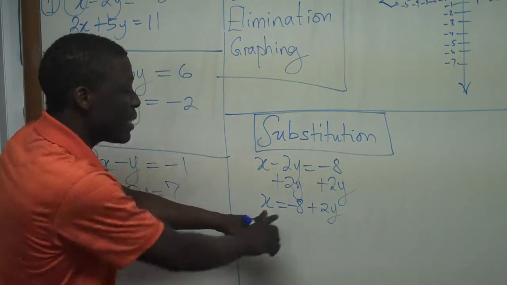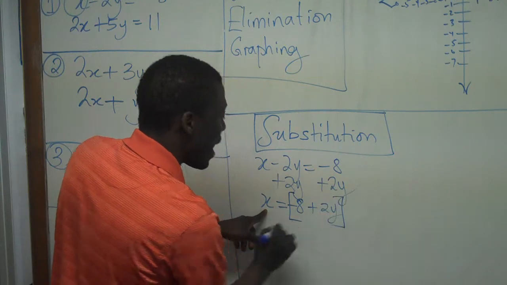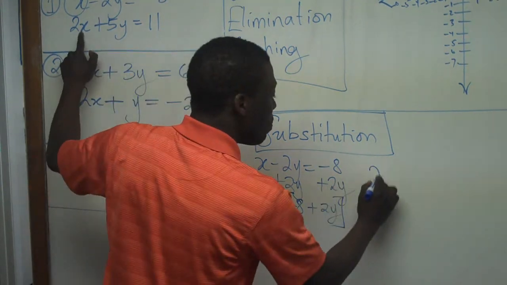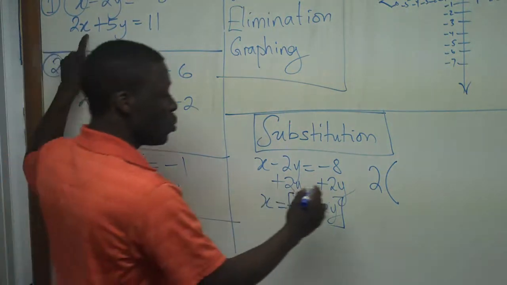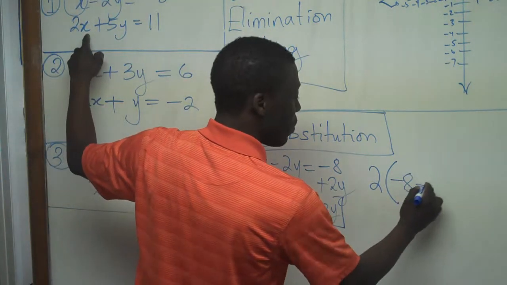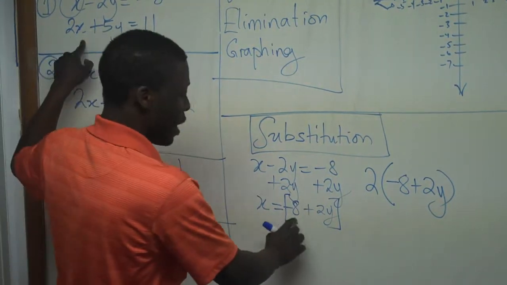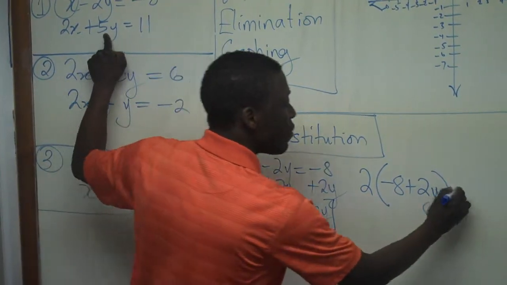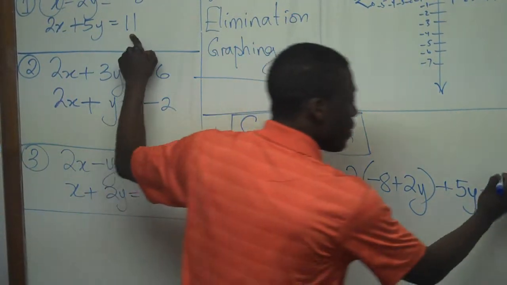Because x is equal to negative 8 plus 2y, we take the contents of x and substitute it back in here. So instead of 2x, we're going to say 2 times negative 8 plus 2y, and then you add the 5y, and that is equal to 11.